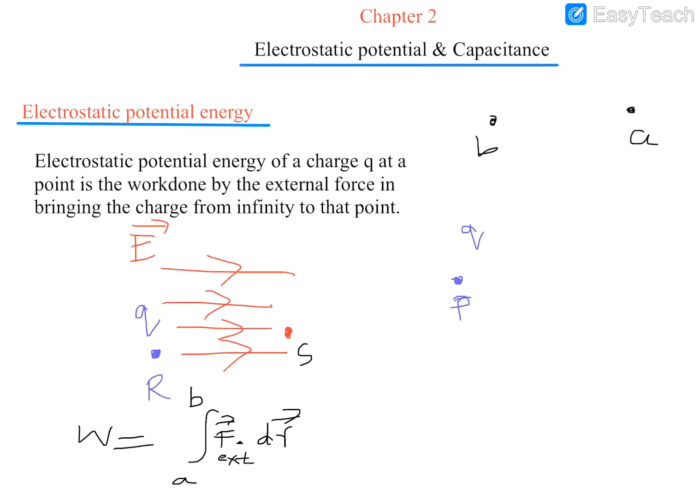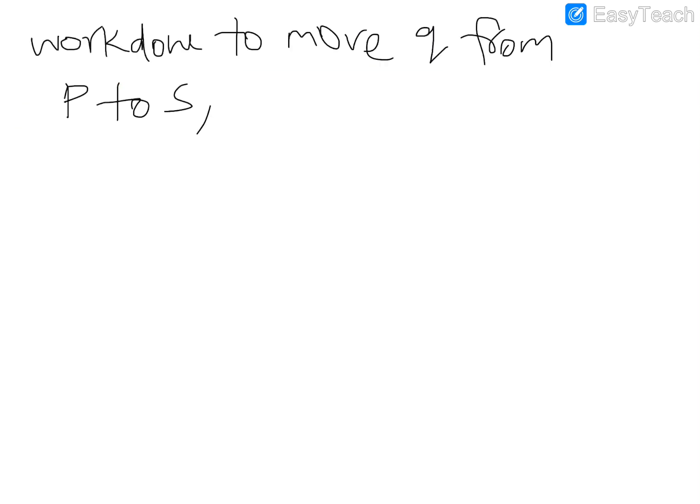Work done to move Q from P to S. That is what you are going to do. You are moving from P to S. It is not an easy process. You need to do work against this electric field. Okay, so you are going to calculate that work done.